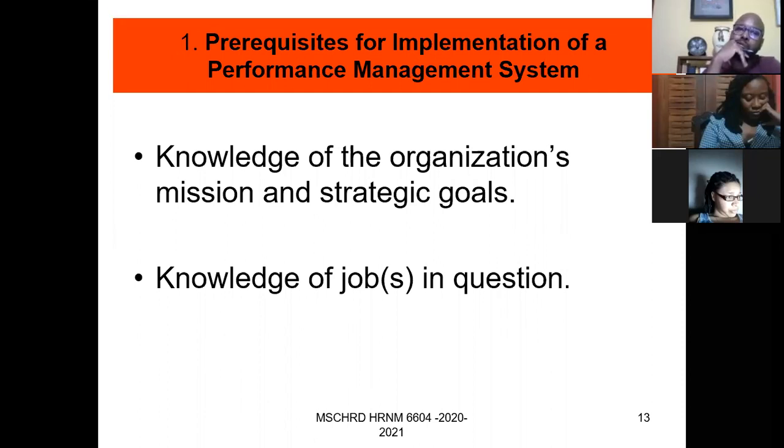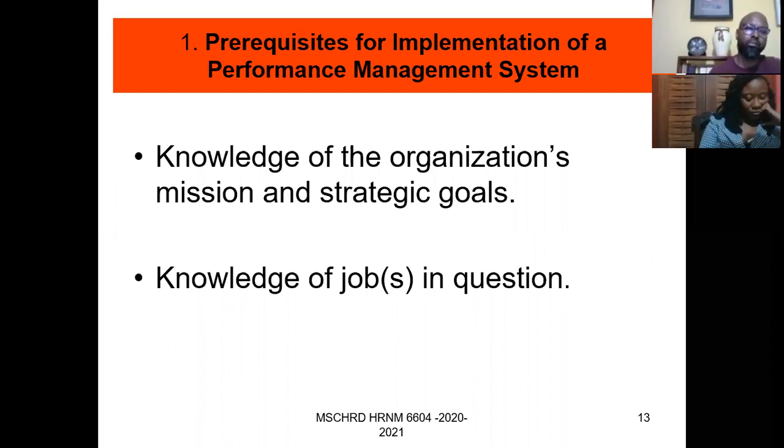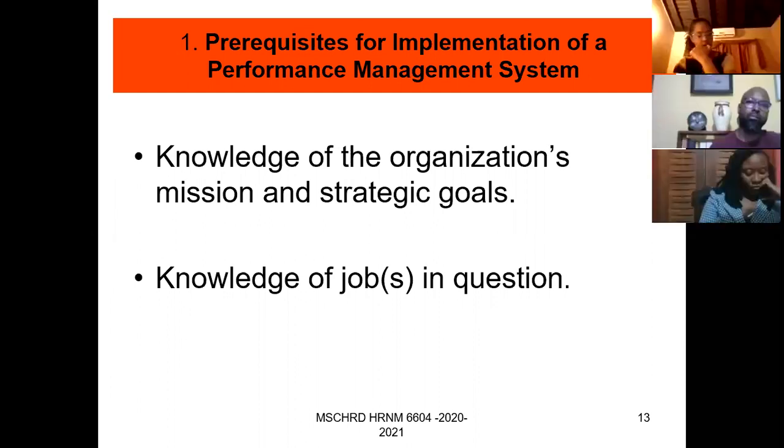And we're looking at the first item, which are the prerequisites, meaning what has to be known, what has to be done before you can design a system.